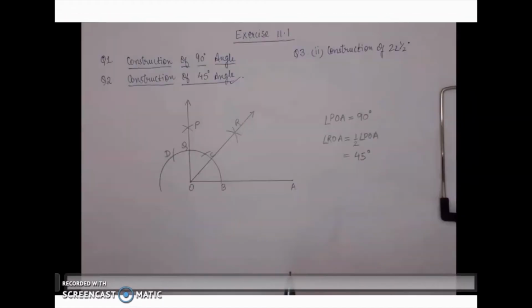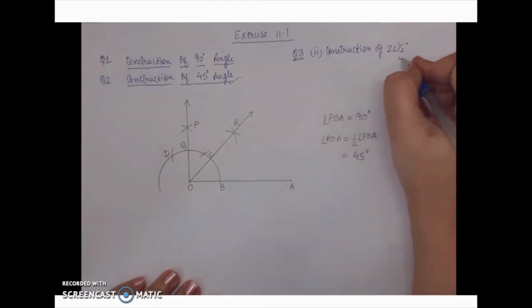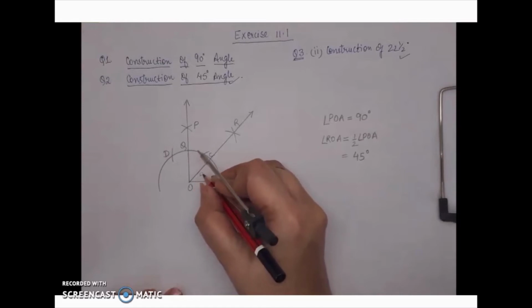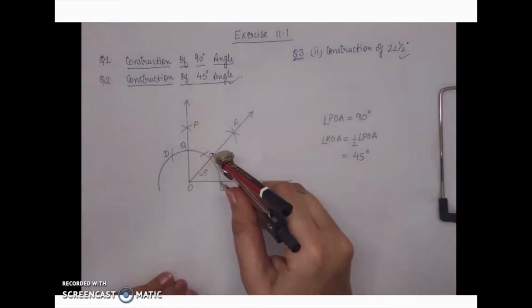So next we are going to see construction of 22.5 degree. That is question number 3, second part, 22.5 degree. So 45 degree I had already constructed. Now 45 degree angle, if I bisect, then I will get 22.5.